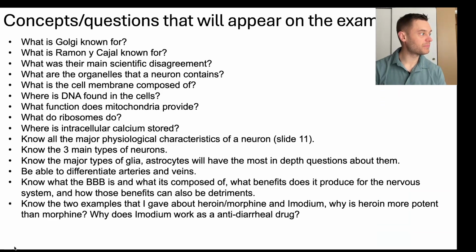This was a heavier lecture than the first one, and the next couple lectures are going to be like this. And that's because we're talking about the physiology of neurons and the physiology of neuronal communication, and that is kind of complicated, right? So the good news is that this is going to be the heaviest module for the class.